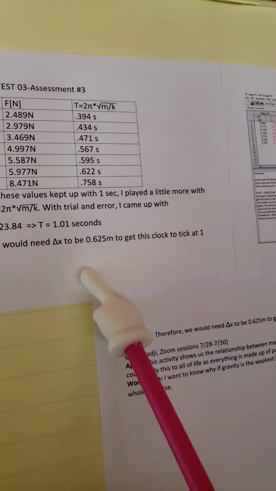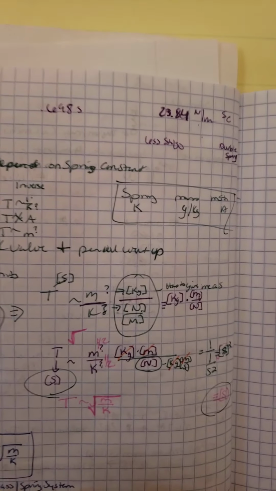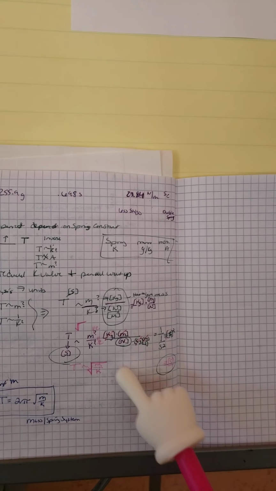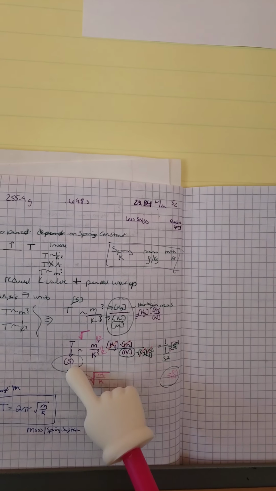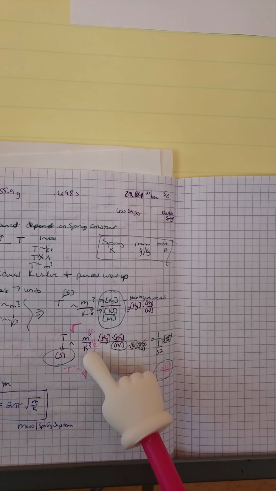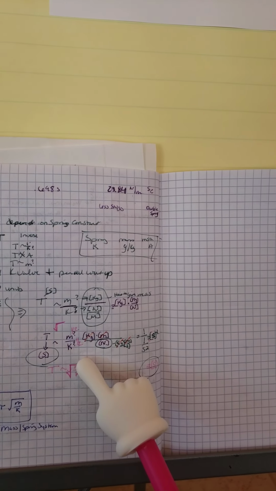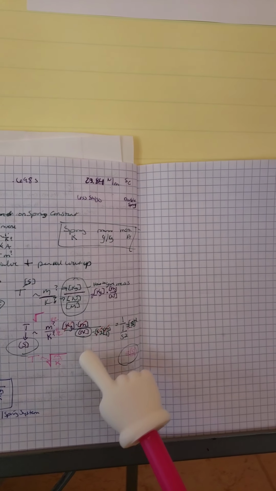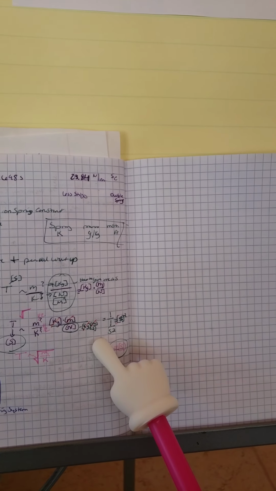In class today, we went through trying to get the units for k. When we worked it all out, we had T approximately equal to the square root of m over k. The kilograms canceled out, the meters canceled out, and we ended up with newtons over seconds.